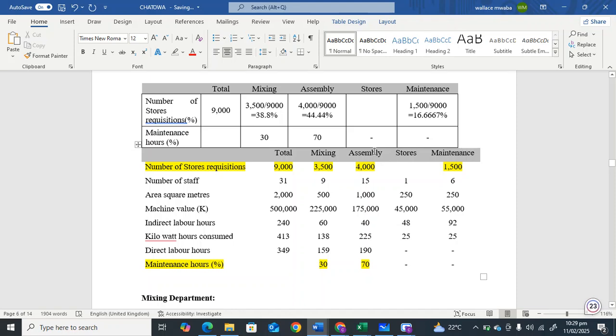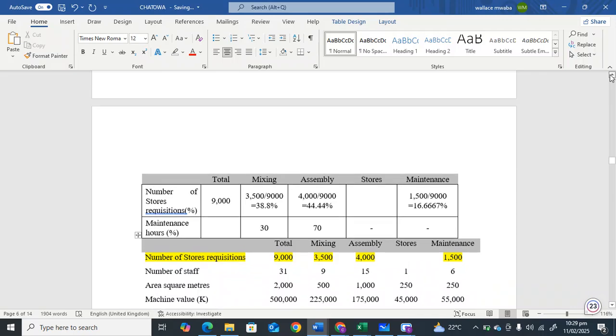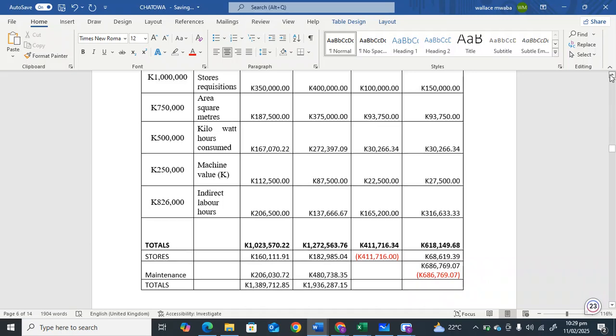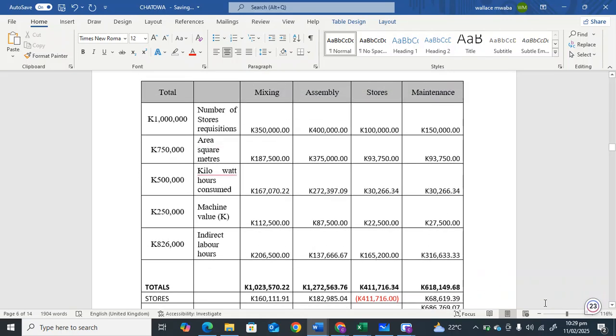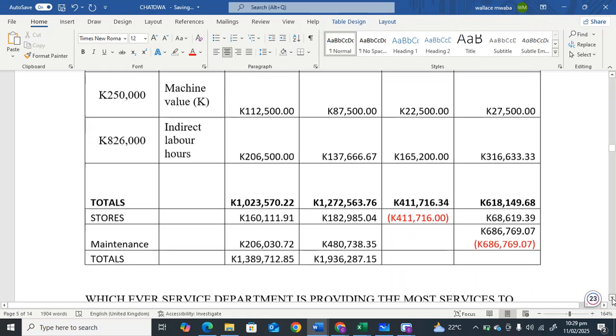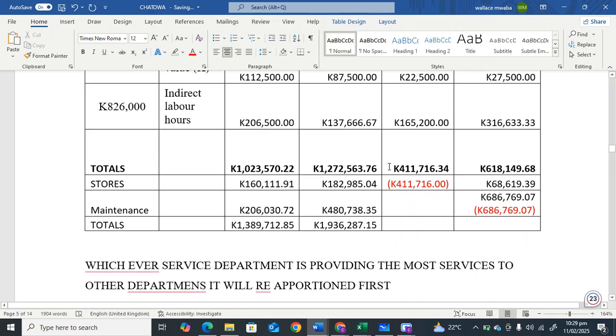So we can now share out the overhead for stores. When we come to our table here, the total overhead for stores is 411,716.34. This is the amount that is going to be shared to mixing, assembly, and maintenance.